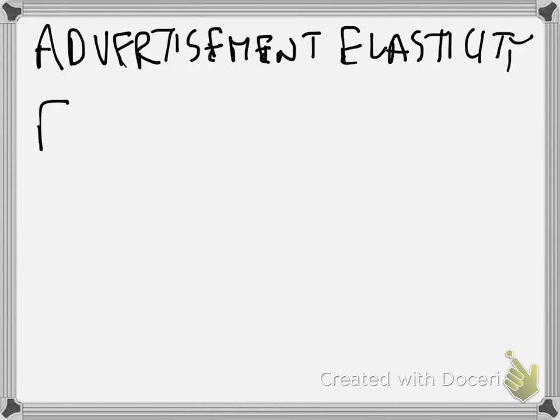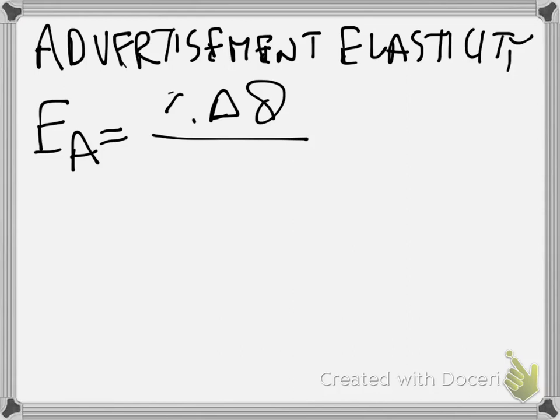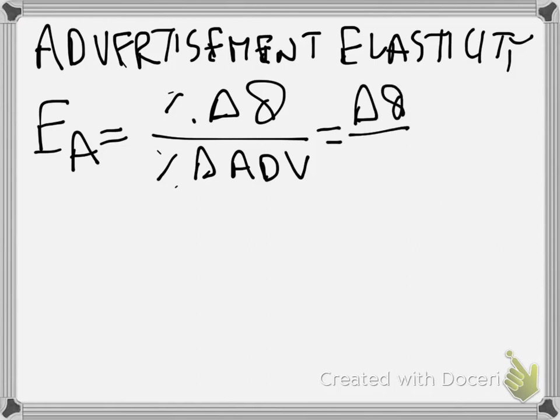So yeah, this is obviously a mathematical concept. Your advertisement elasticity is calculated as follows. You calculate the percentage change in quantity, and you divide by the percentage change in advertisement, and you get your so-called advertisement elasticity. You obviously can use the arc elasticity formula, where your numerator could be delta Q, the change in quantity demanded, and your denominator could be the change in advertisement.